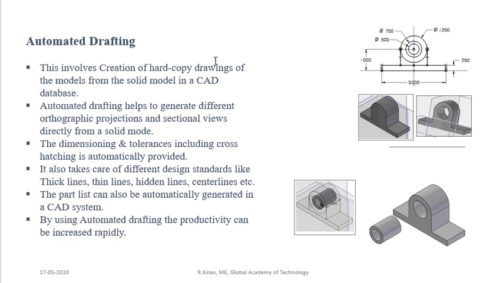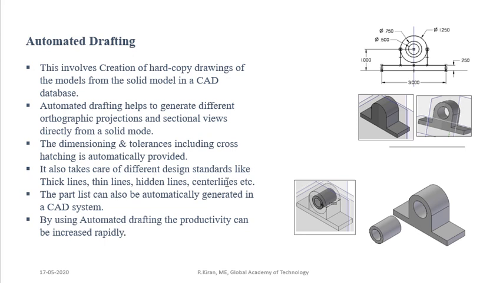In software like Solid Edge, SolidWorks, Pro/E or CATIA, once we create the geometric model of the object, we can extract the different sectional views as well as different types of orthographic projections directly from the solid model. And also the dimensioning and tolerances, including the cross hatching, are automatically provided.